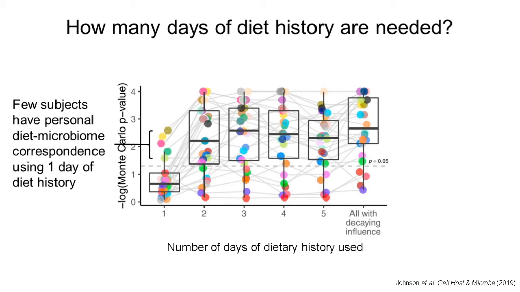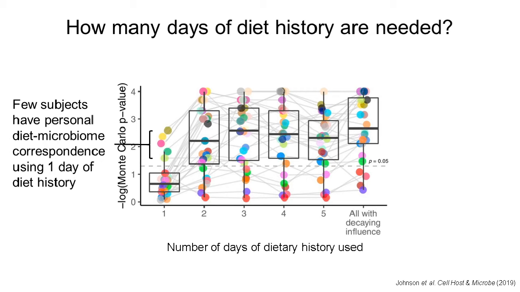It wasn't until we took 2 days, so this is just taking the average of your last 2 days of dietary intake and trying to correspond that with today's microbiome, that we started to get the majority of people having a significant correspondence. And then we also tried 3 days, 4 days, 5 days. It didn't really change much.